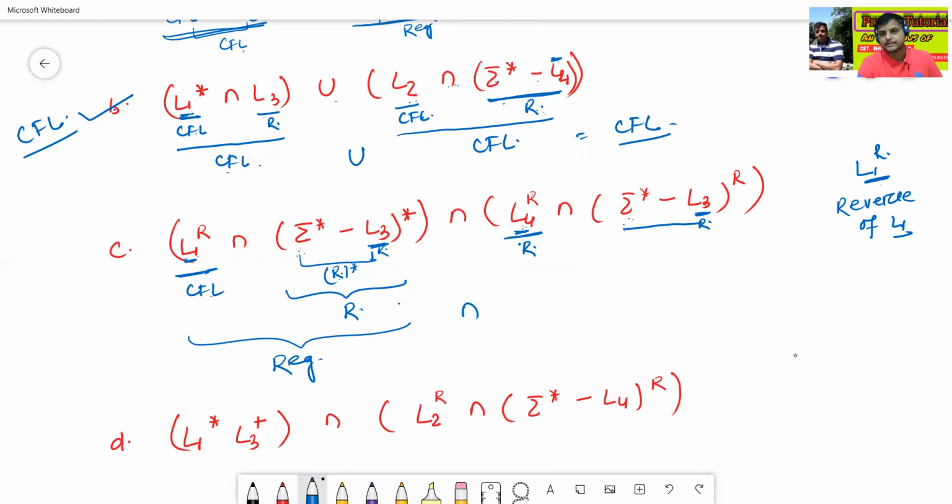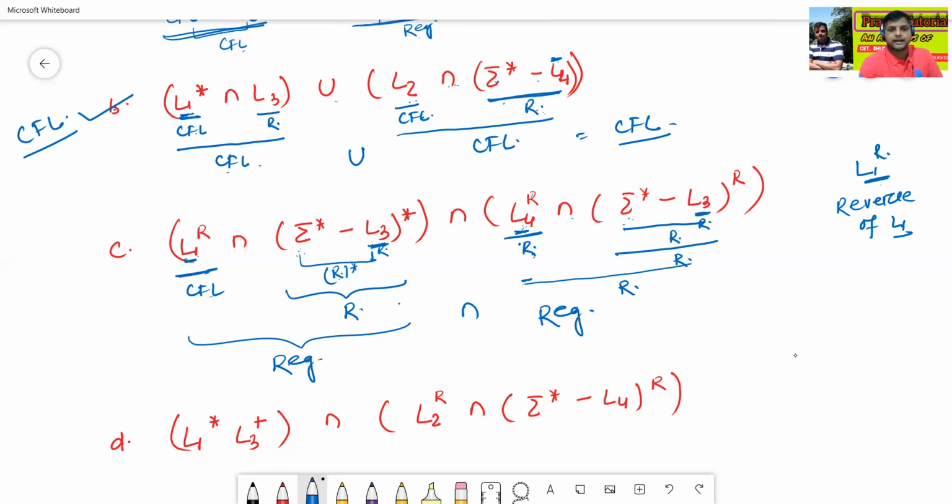And the reverse of a regular language is always regular. So regular intersection regular is always regular.